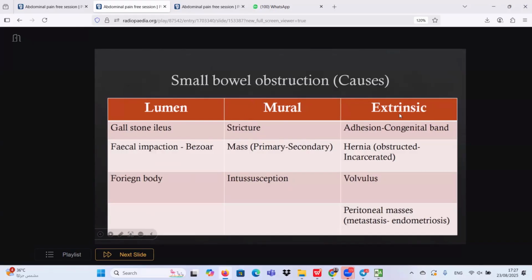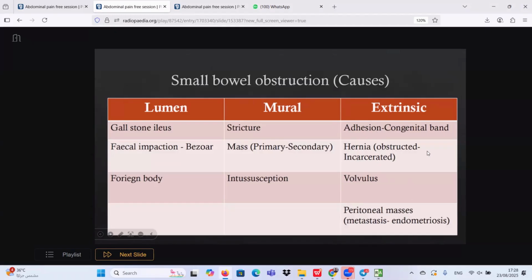Extrinsic causes are very important, and the most common cause for small bowel obstruction is adhesion. Second, under extrinsic causes we have obstructed or incarcerated hernia. We have volvulus. We also have peritoneal masses from the outside that can cause small bowel obstruction. Adhesion is the most common cause.